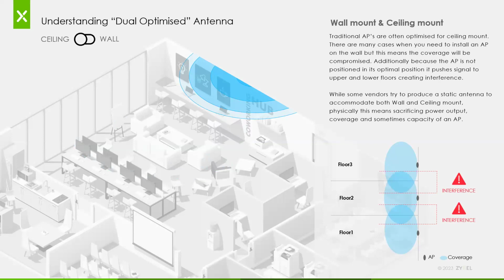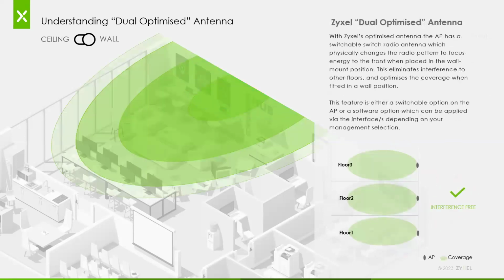So our solution to this is what we call dual optimized antennas. Instead of doing like most vendors that have a single antenna that's optimized for the ceiling, with our access points that feature dual optimized antennas, you get two different sets of antennas basically built into the access point. One that's optimized for the ceiling and one that's optimized for wall placement.